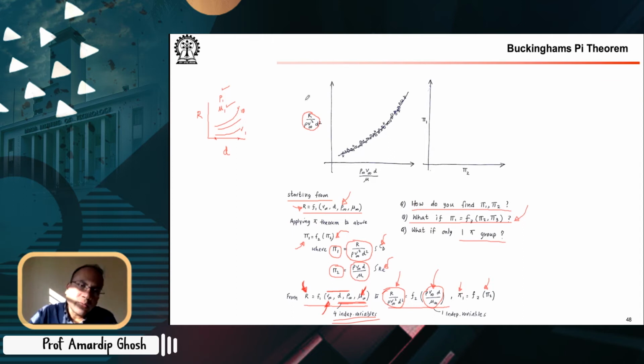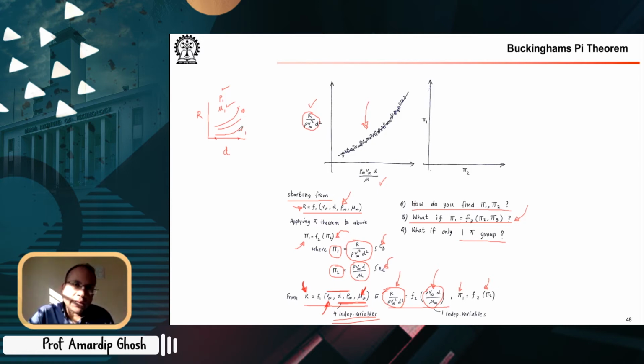On the other hand, if we plotted this drag coefficient versus Reynolds number, so essentially pi1 and pi2, what would have happened is these values would have collapsed along this line. Again, we are not really focusing on how the line will be. This is just a hand waving way of saying that there will be some functional relationship between these two pi groups, and the data points from various experiments will collapse on this functional relationship line.